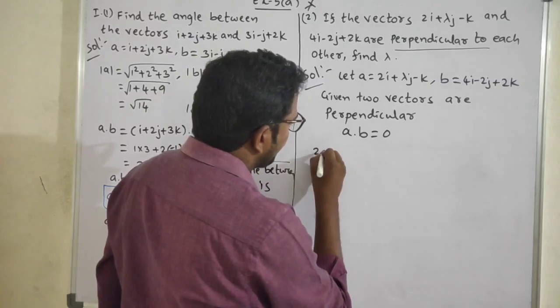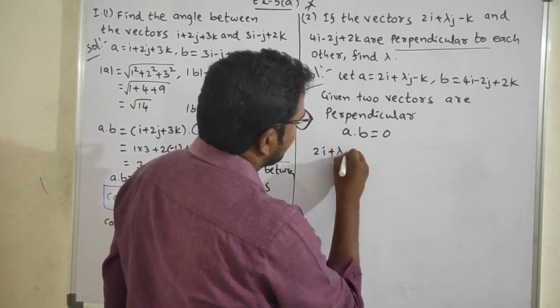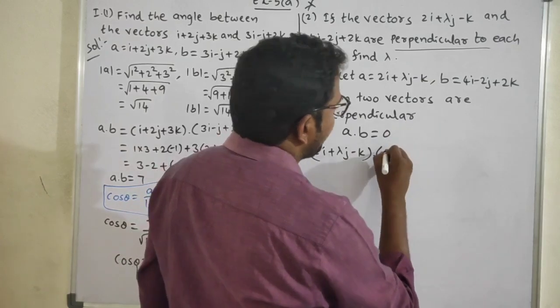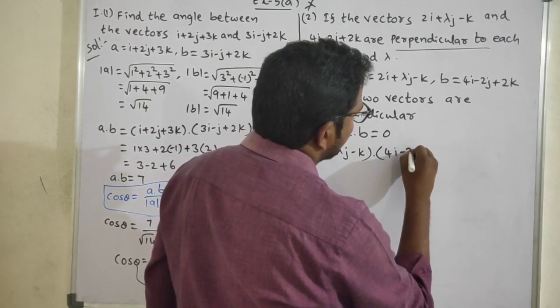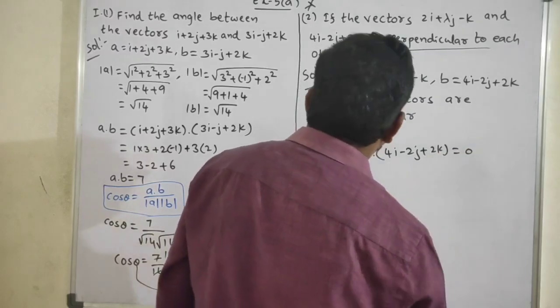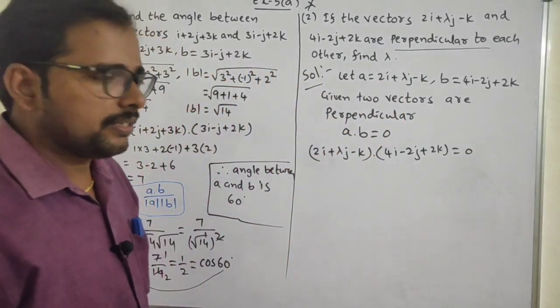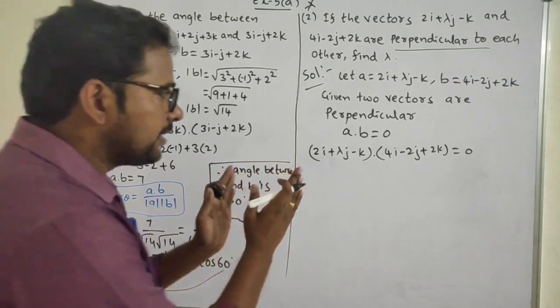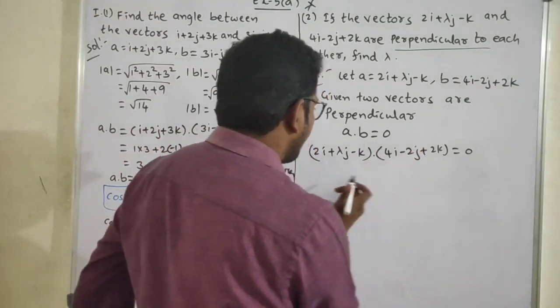2i plus lambda j minus k dot b, which is 4i minus 2j plus 2k, is equal to 0. Now do the dot product: i coefficient into i coefficient plus j coefficient into j coefficient.